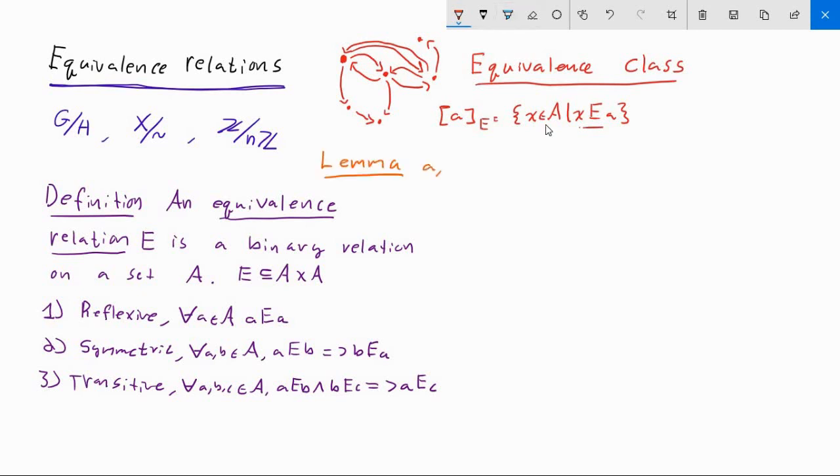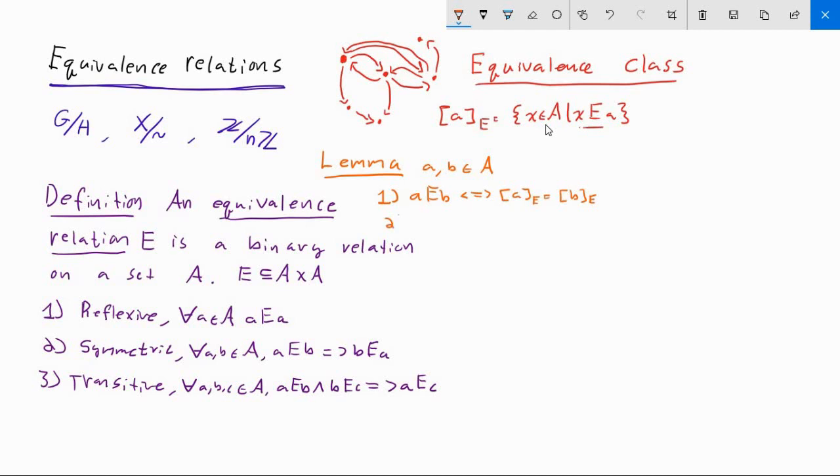We establish a lemma now. This says that if we have two elements a and b belonging to our set A, then two things happen. The first is that a is going to be related to b if and only if the equivalence classes of a and b are equal as sets.